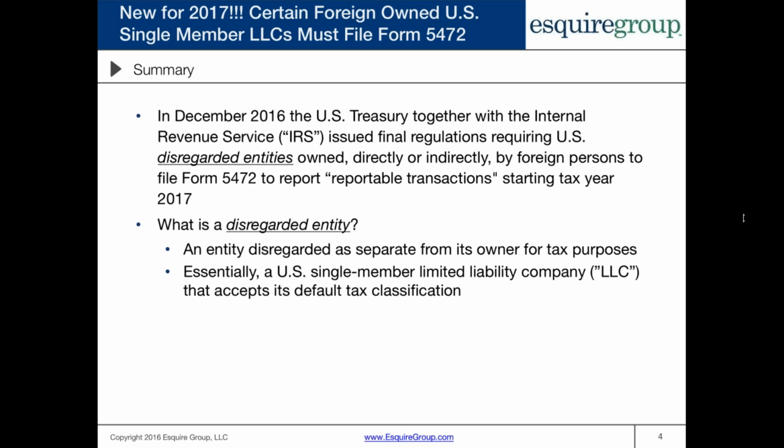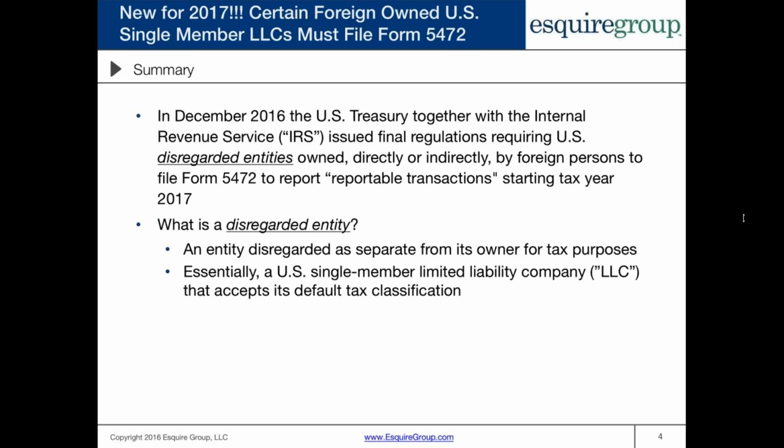That would be considered indirect ownership because you don't directly own the U.S. disregarded entity, you own it through another entity. So even if you indirectly own the U.S. LLC, there would still be a 5472 filing requirement potentially based on these new regulations issued by the Treasury and the IRS.